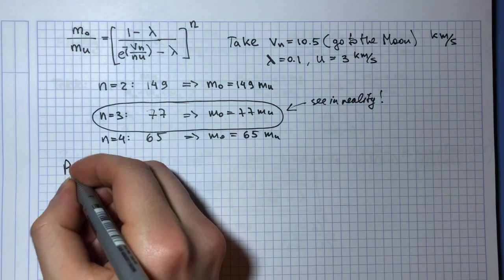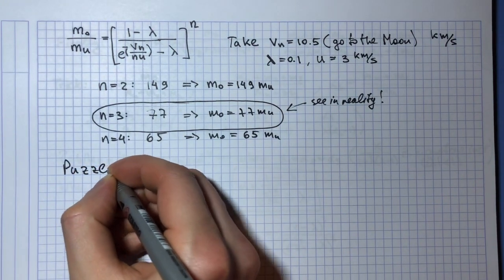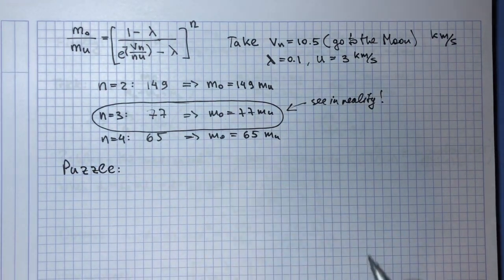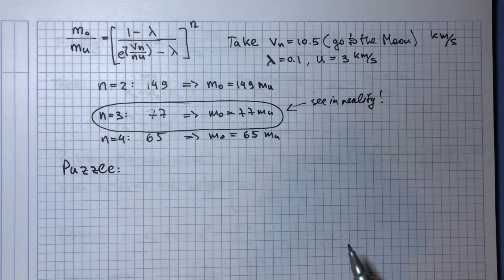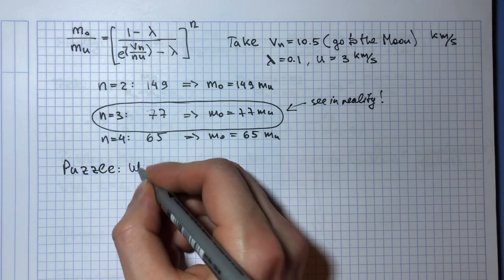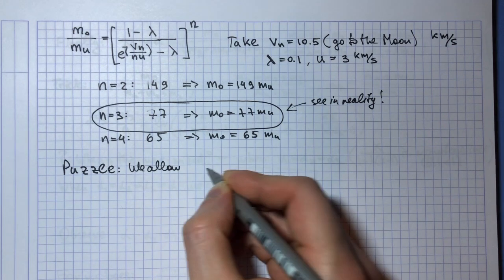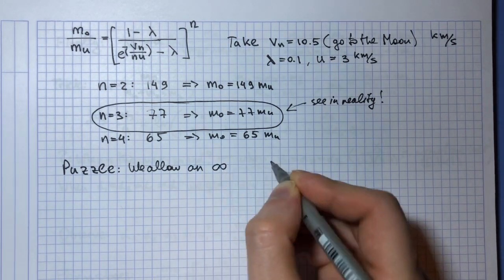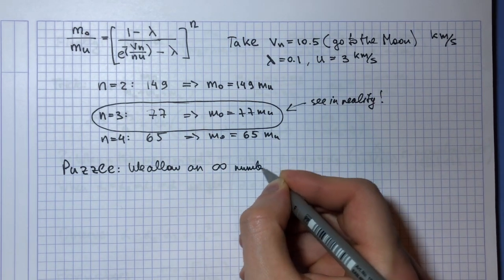So now a small puzzle for you. Suppose we are in the ideal situation and we allow an infinite number of stages.